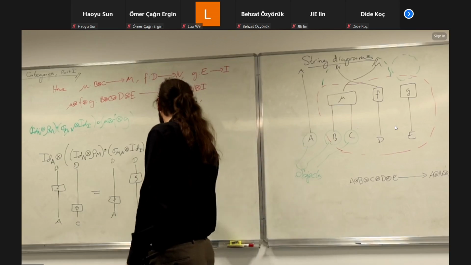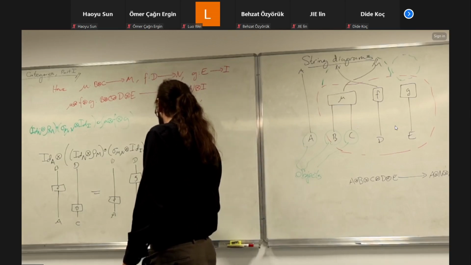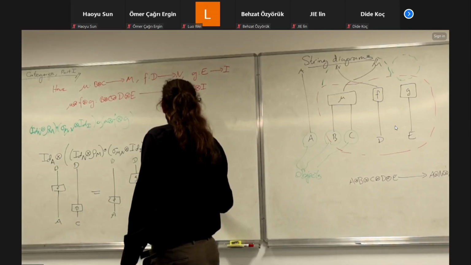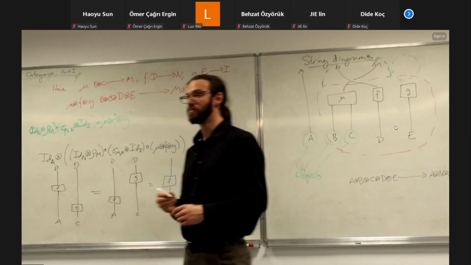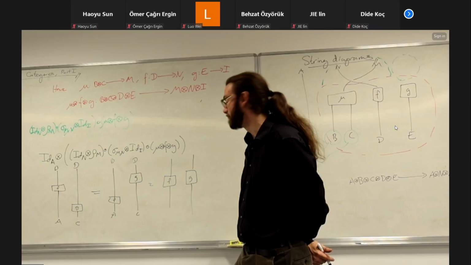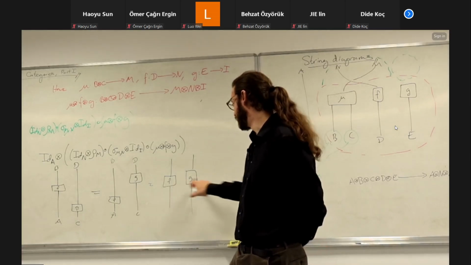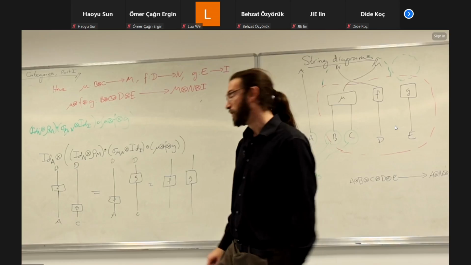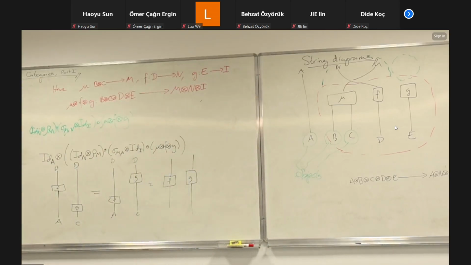Or we can think of it this way, where we're just taking the tensor of F and G. And similarly, we can drag pieces of the diagram around so long as we don't reorder the objects.